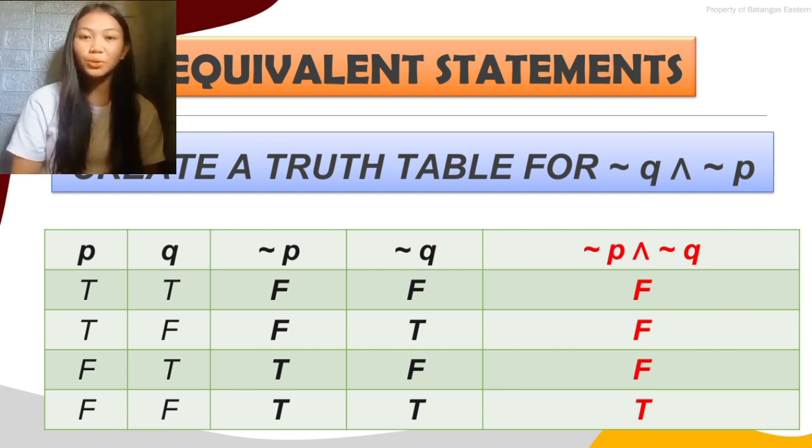In number 2, not P is false but not Q is true. Like I said earlier, when you have a false in the simple statements, the compound statement becomes false. So the answer for 2 is false.